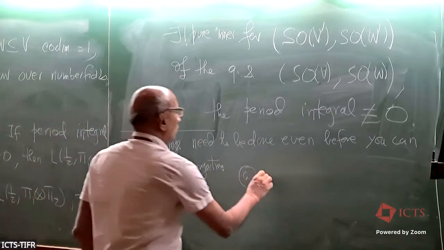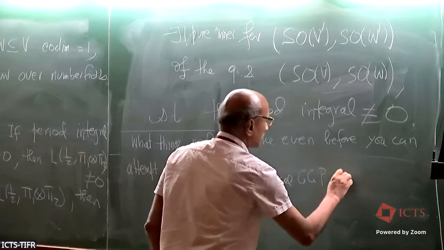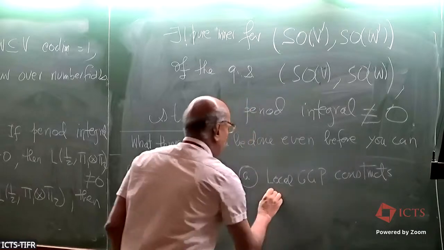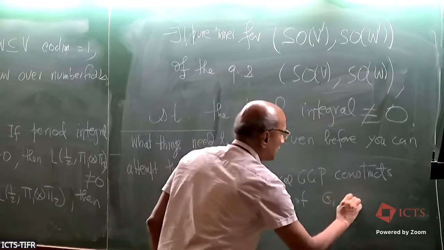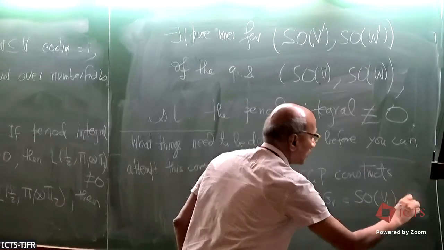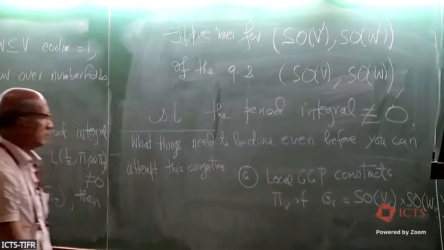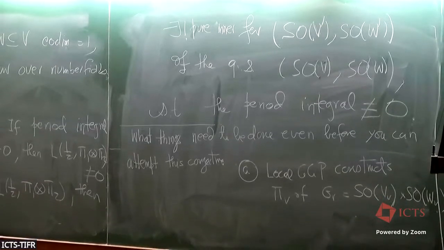So local GGP constructs IV of GV, which is SOVV, comma, cross SOWV. It constructs local spaces and representations thereof.